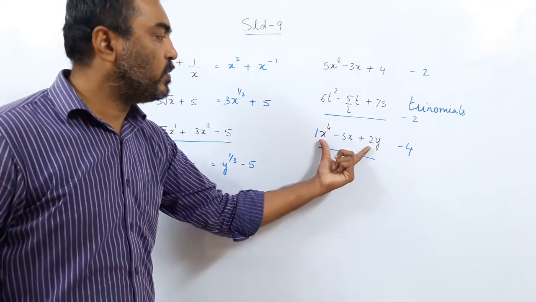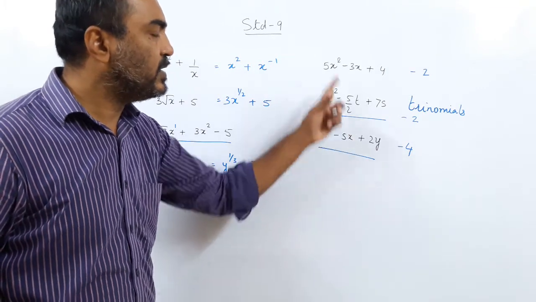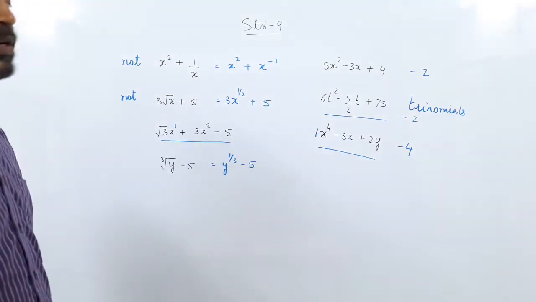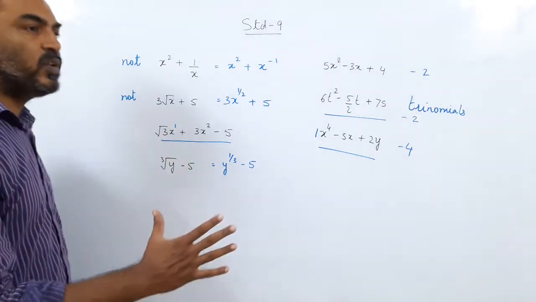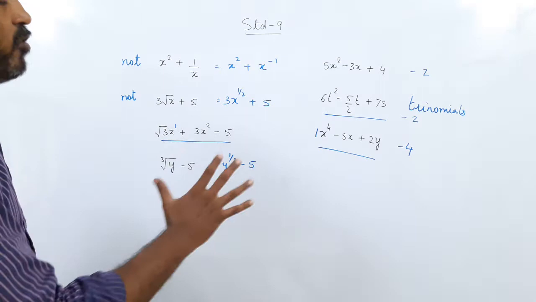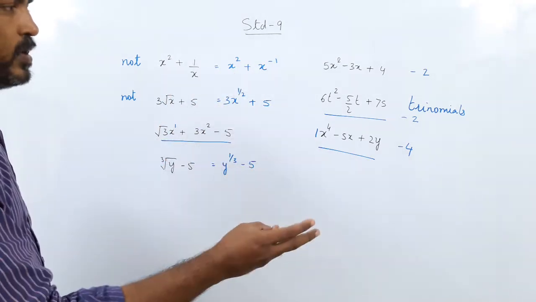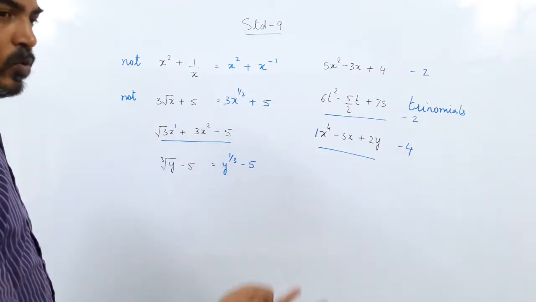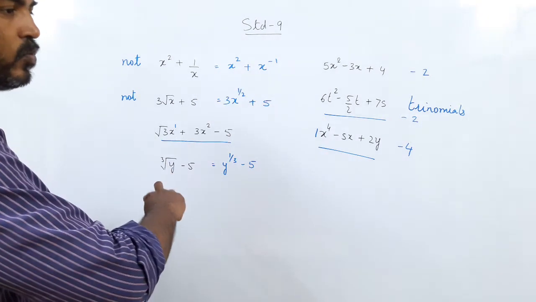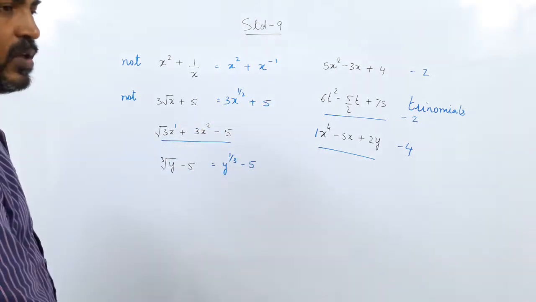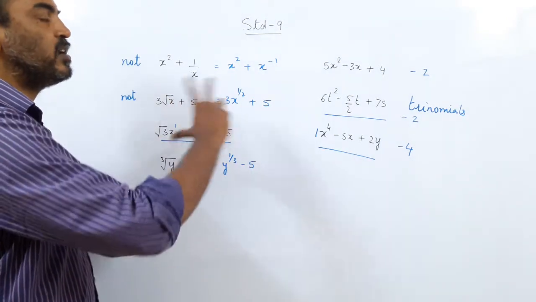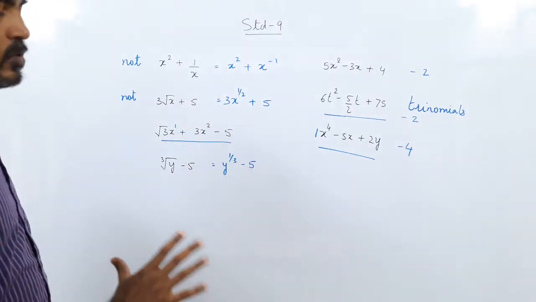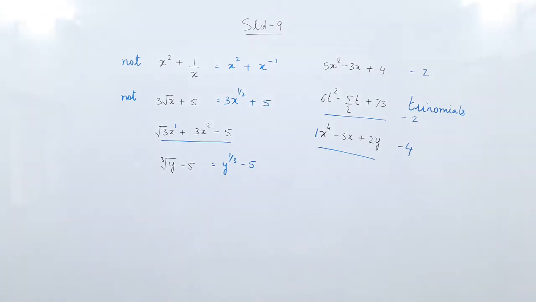Sometimes they are in two variables, but you have to add the powers and see what is the degree of the equation. So this is the first part of the chapter, only classification and understanding of polynomials. What are monomials, what are binomials, what are trinomials, what is one variable, what is a two variable, three variable, what is a polynomial, not a polynomial, what is the degree of the polynomial. Okay, so this is the first part of the chapter based only on classification.